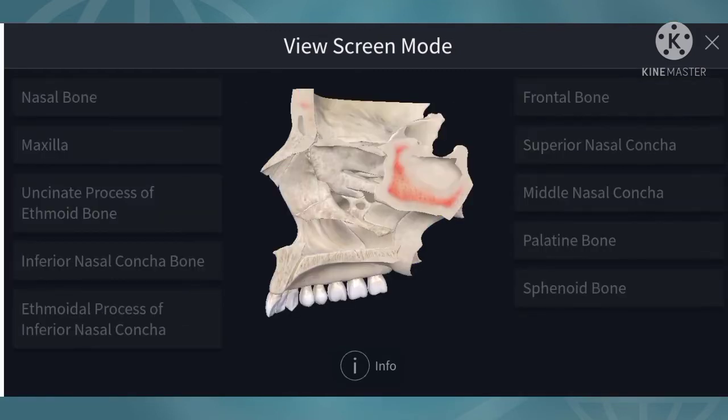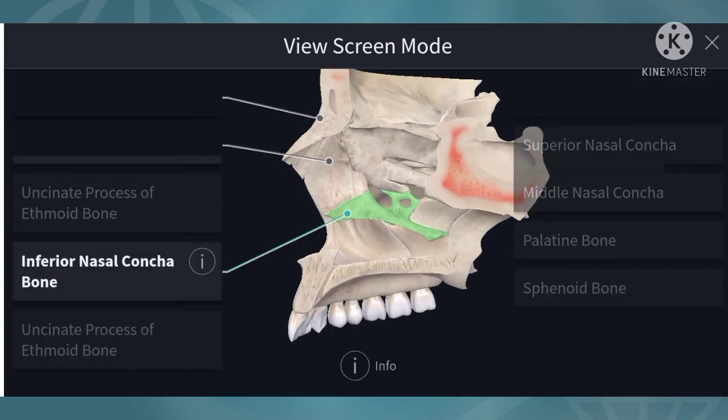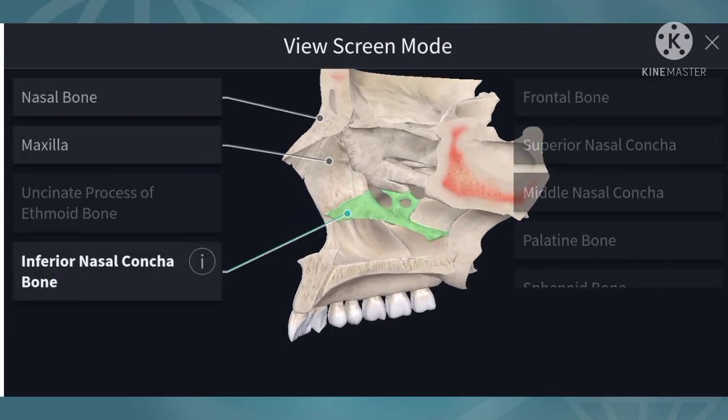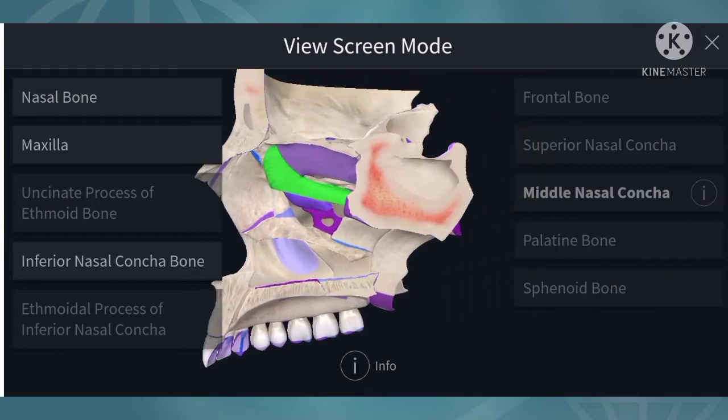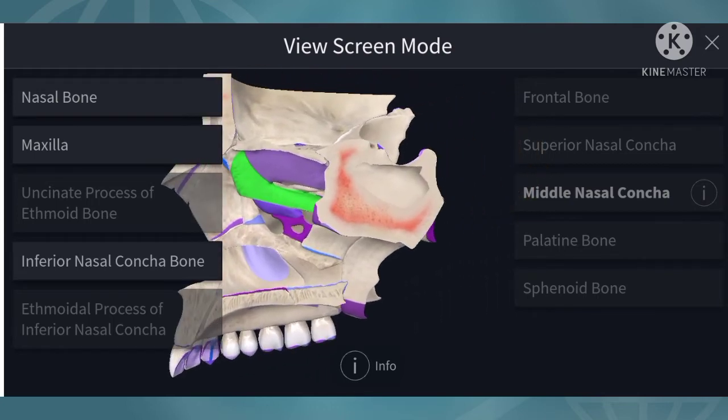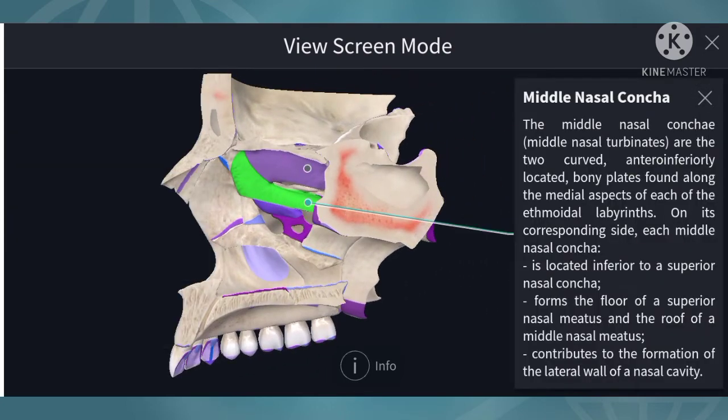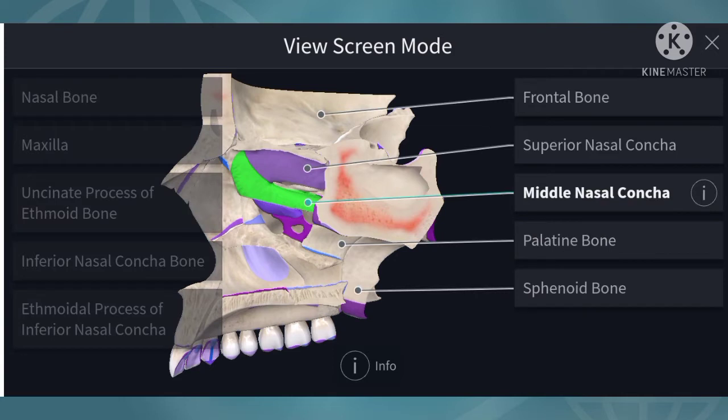Now we will talk about the nasal conchae in detail. Firstly, the inferior nasal concha. Here you can see that this is the inferior nasal concha, and it is an independent bone. Now the middle nasal concha. As you can see here clearly, this is the middle nasal concha, and it is a projection from the medial surface of the ethmoidal labyrinth.